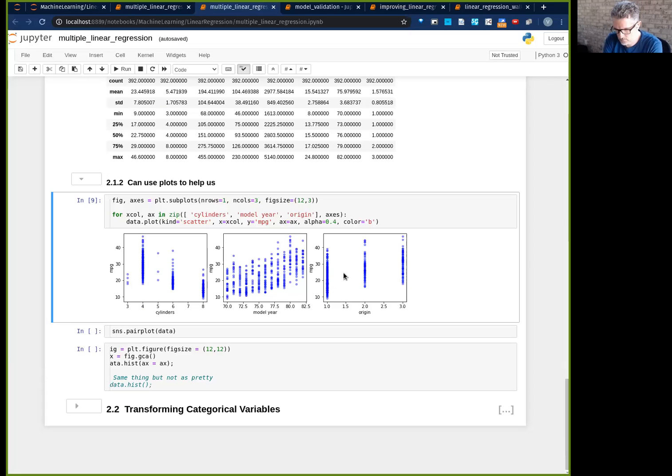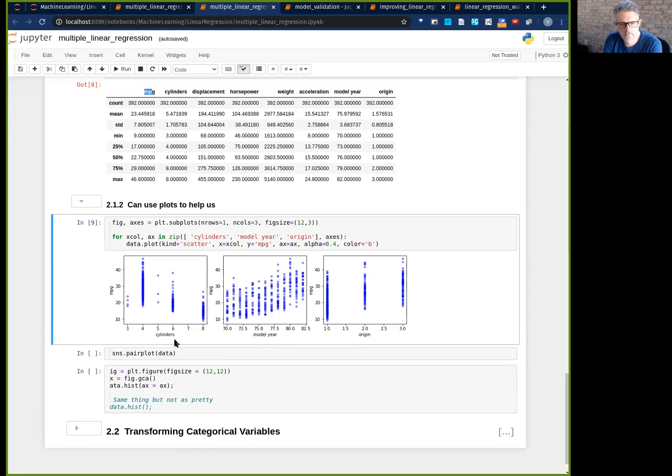Even though there does seem to be a general trend going upwards as we go from 1 to 3, the fact that there are only 3 different values suggests we should maybe treat this as a category, because we also see there's a huge spread in where these values are in miles per gallon. So that's a pretty good suggestion that a car in this origin depends on some other features too, which is why it ends up in this distribution. Okay, so that all makes sense to everyone?